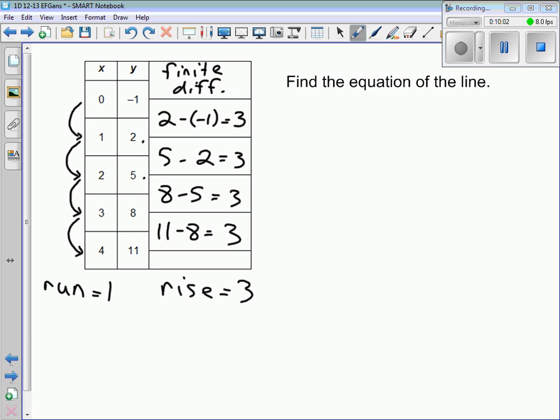So if our run is 1 and our rise is 3, what is the slope of our line? Well, it's rise over run. Slope is going to be 3. So we're halfway to finding the equation of our line here. We've got our slope. All we need now is our y-intercept.